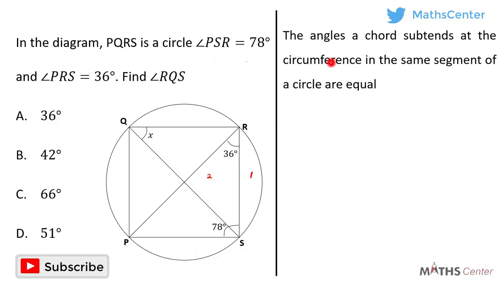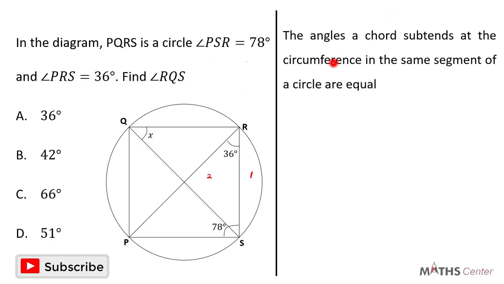The theorem says that the angles that a chord subtends at the circumference in the same segment of a circle are equal. The chord RS subtends this angle at point P in the major segment, and the chord RS subtends this angle at point Q in this same segment.